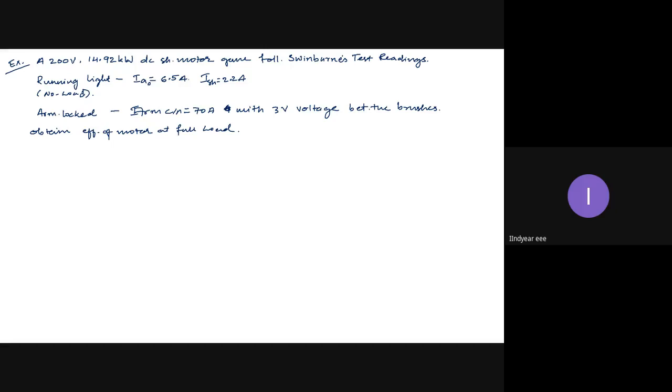So what do you mean by armature locked condition? This is a new terminology. So far we haven't seen that armature is locked in any case. We know that when I give the armature voltage and the field voltage, motor starts running. Then how can the armature be locked?